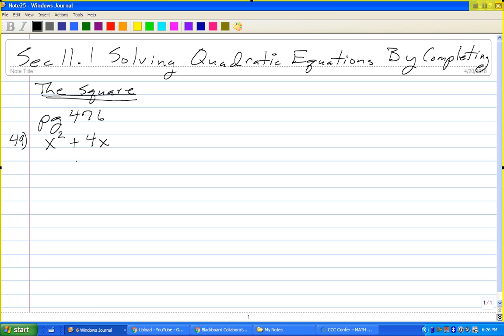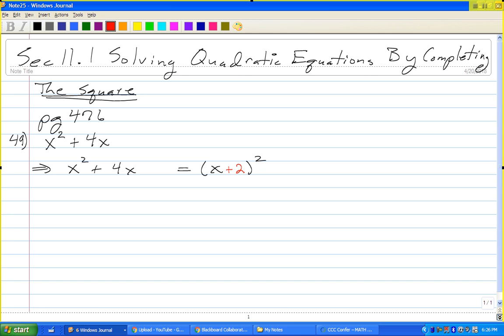So what I want to do here is make this into a perfect square, so it looks like something squared. So let me take 4 divided by 2. So that's 2.